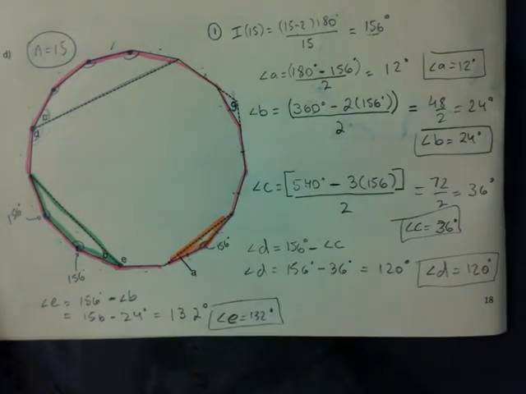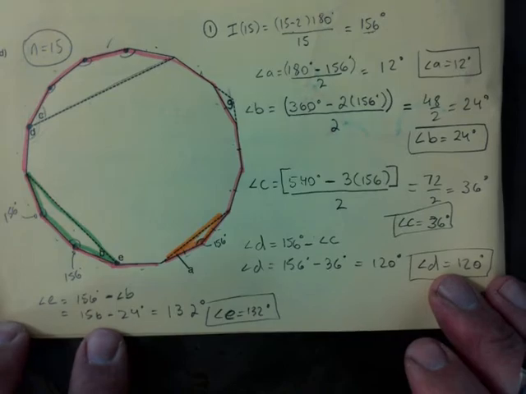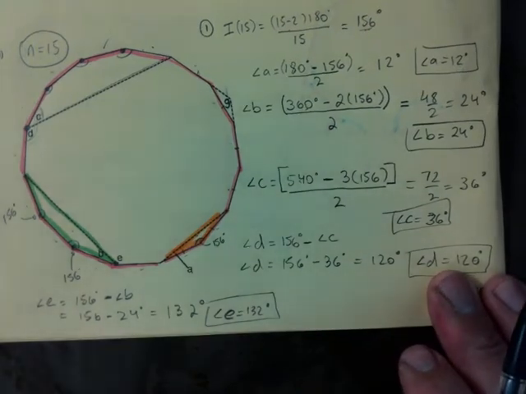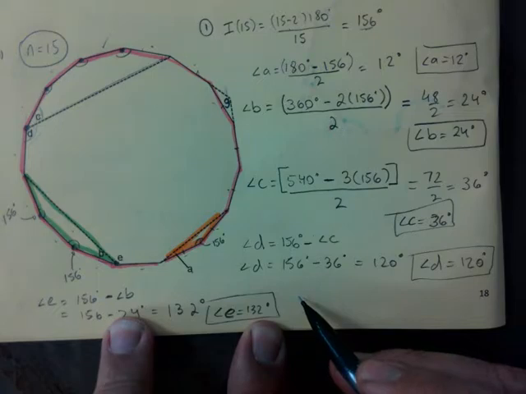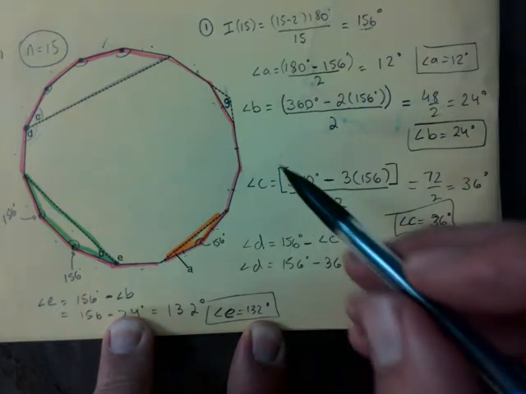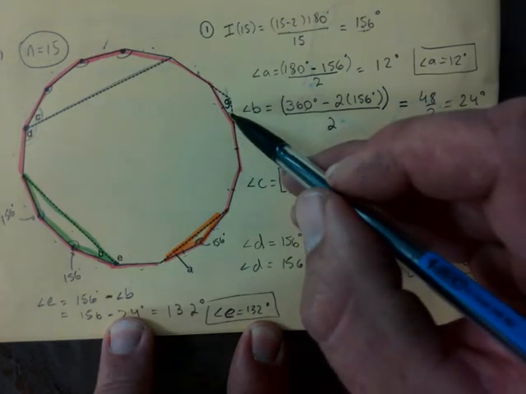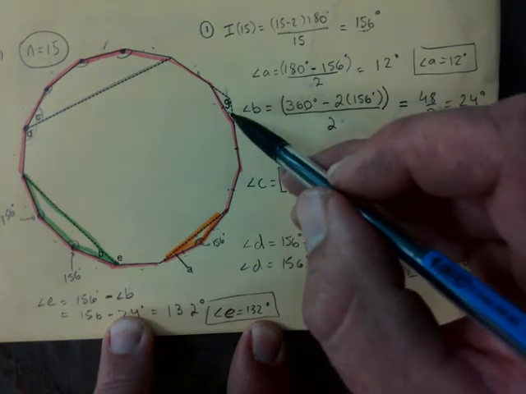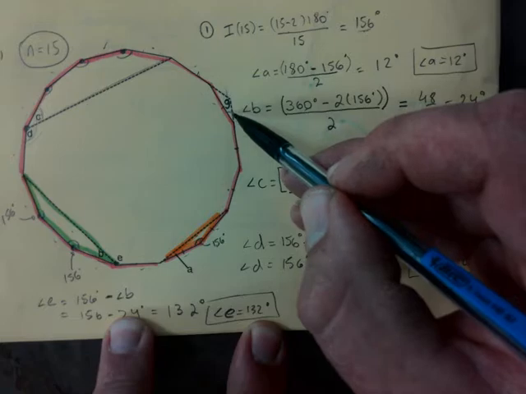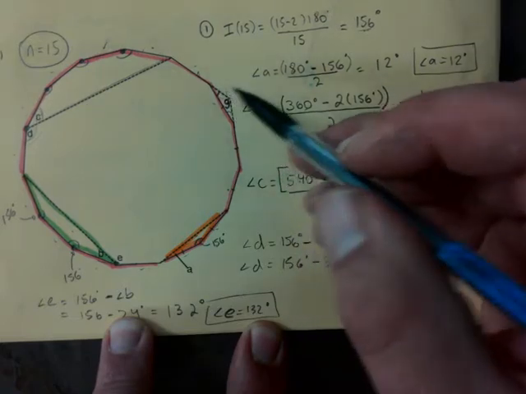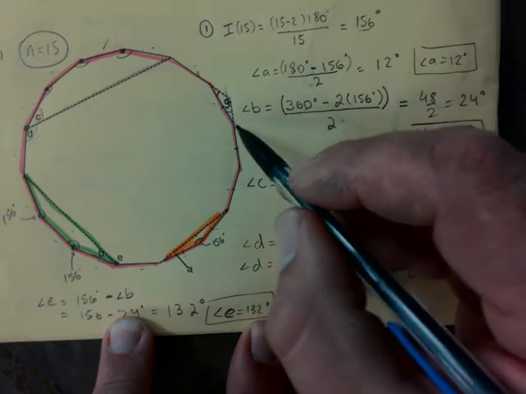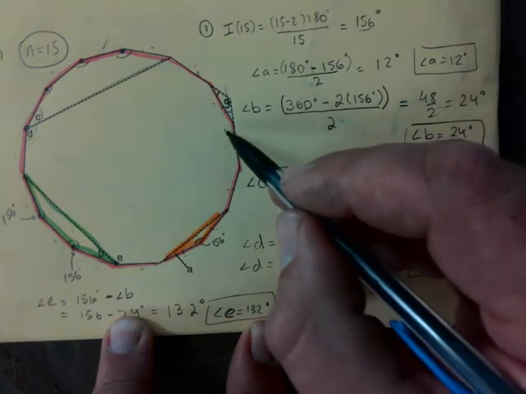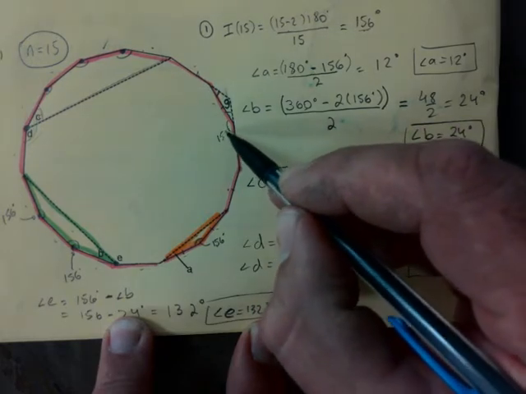And G, let's not forget about G. How would you do G? You're allowed to kind of just go over here, and this here is, I have two exterior angles here. They're exactly the same. So it's 156 inside, right?